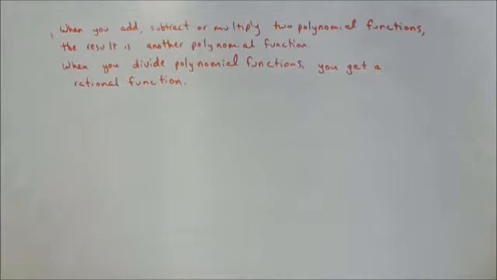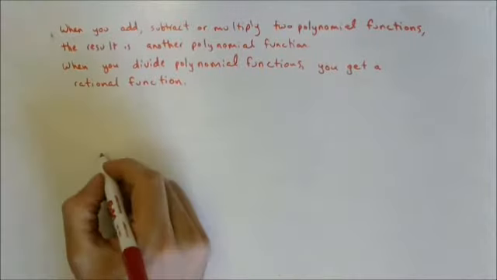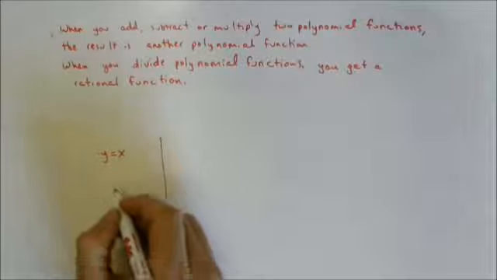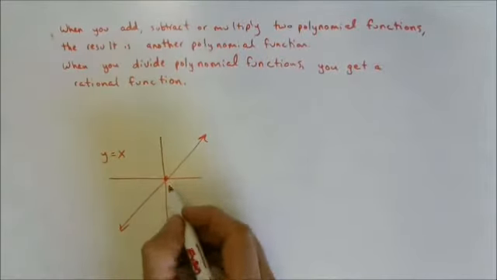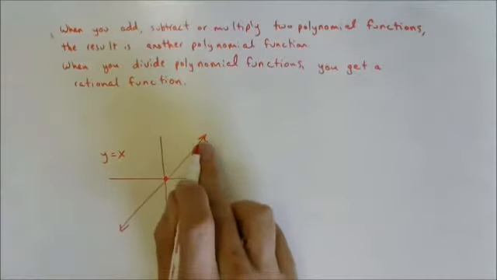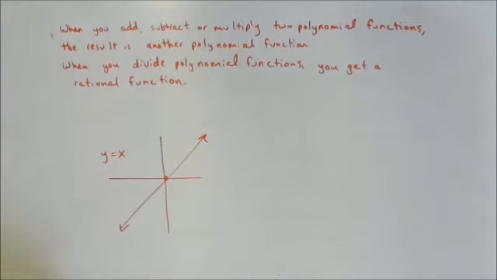So the bottom half of page 5 there, we have a few more notes. It says the most basic linear function is y equals x. We even know what it looks like, right? It's a diagonal line, goes through the origin. Y equals x, okay? A rational function is a function that has the variable in the denominator.